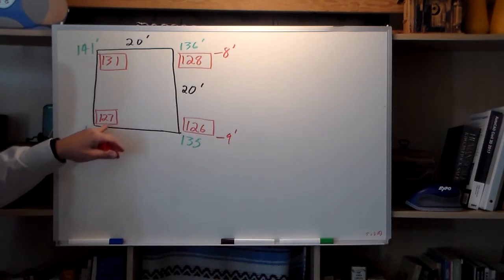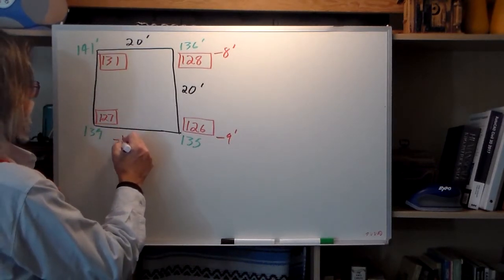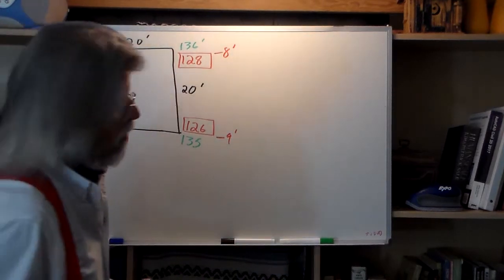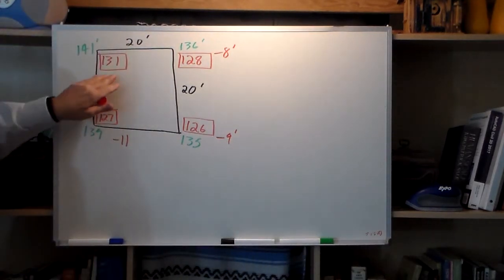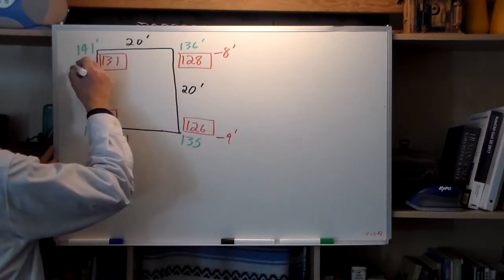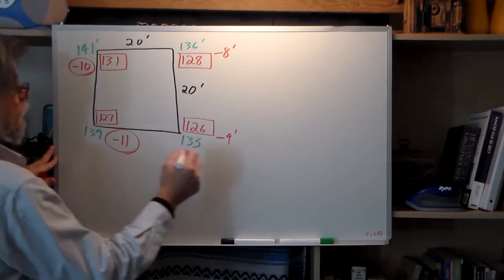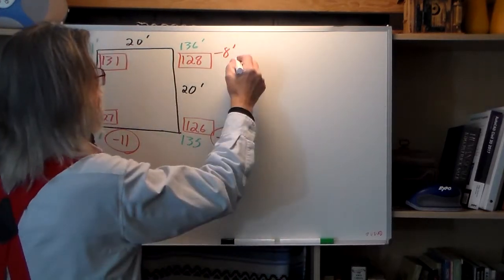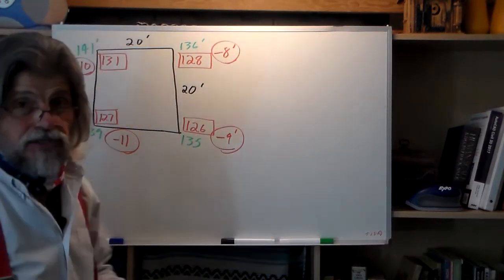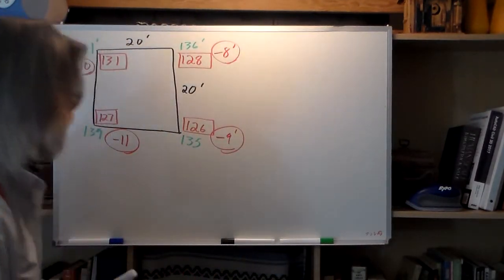From 139 to 127, we went down 11 feet. This is going to be a lot of soil. And from 141 to 131, you went down 10. So those are our four numbers. That's how much lower the site is than it started out.